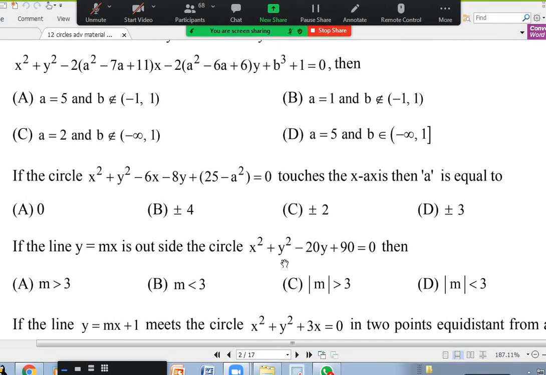You have to simply write mod m square less than 9, mod m less than 3.